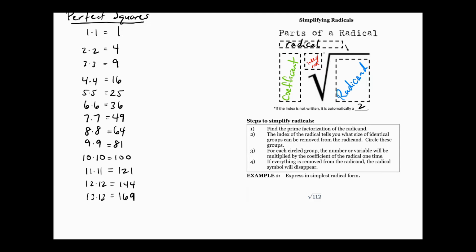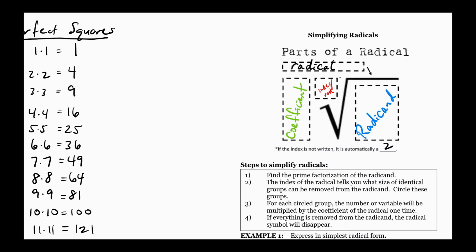The reason the square root of 81 is 9 is because there's a pair of 9s. Square root means look for 2. It's pairs, okay?